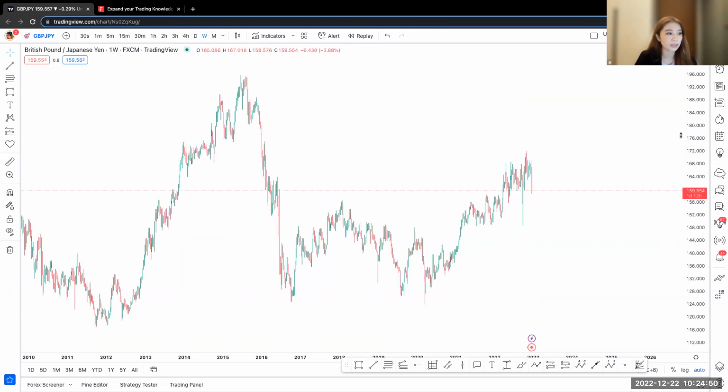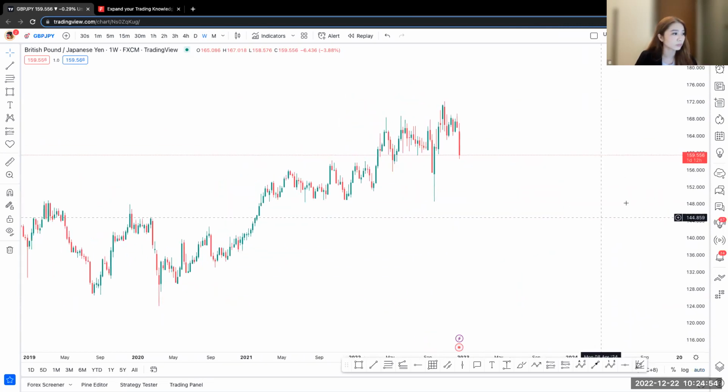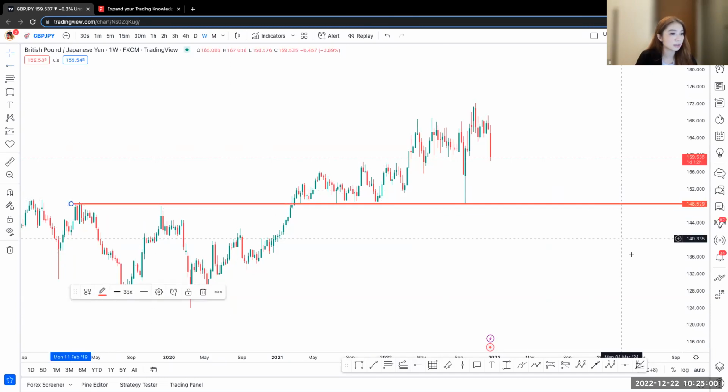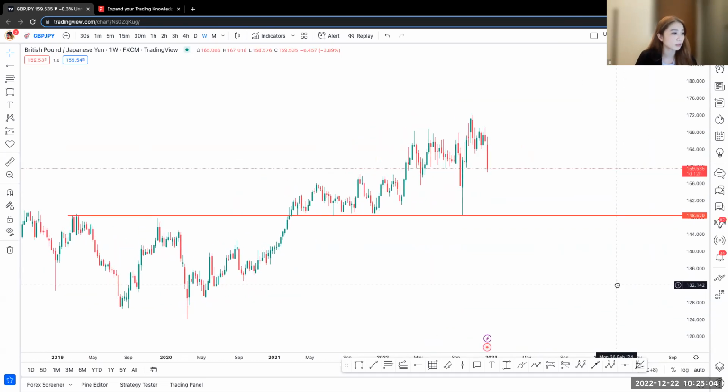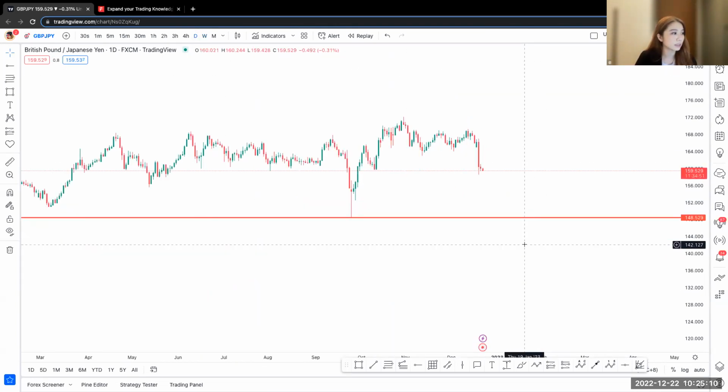Let's start from the weekly as well for pound yen. After this, we will do gold. We are seeing a resistance and support at 148.529, a pretty big line all the way back to 2019. Let's look at daily.